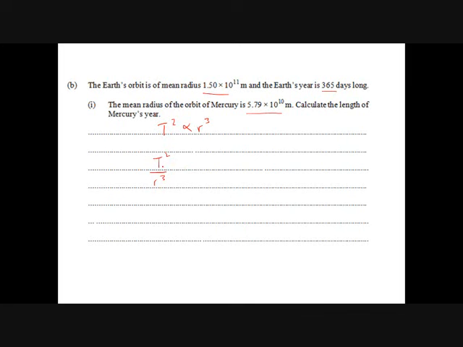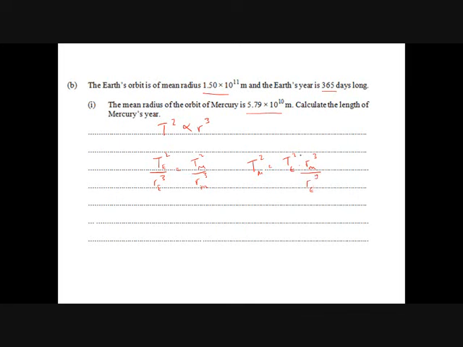So T squared for the Earth over r cubed for the Earth equals T squared for Mercury over r cubed for Mercury. We know the radius of Mercury, we want the year length, so T squared Mercury equals T squared of the Earth times the radius of Mercury's orbit over the radius of the Earth's orbit, cubed.